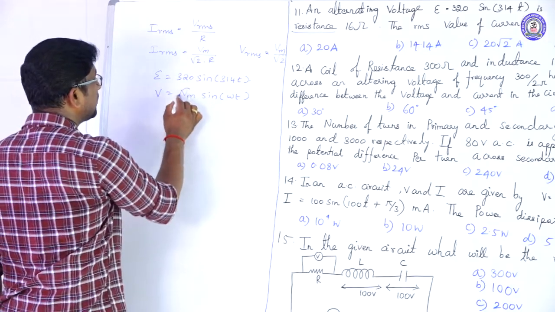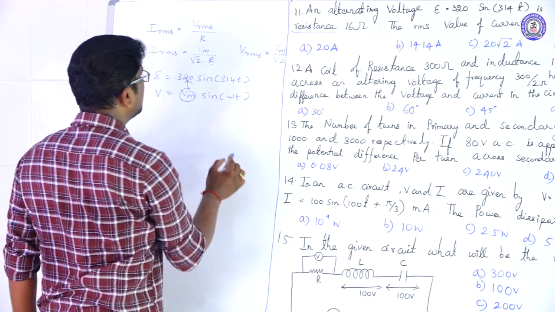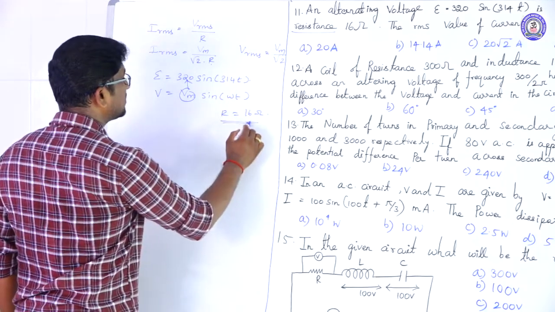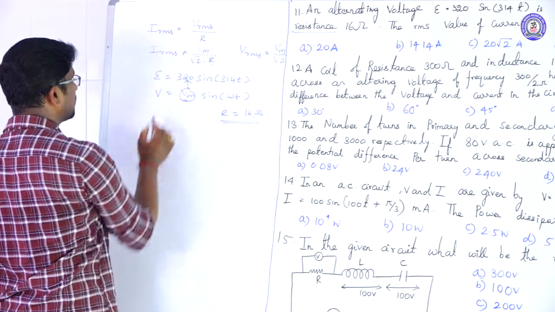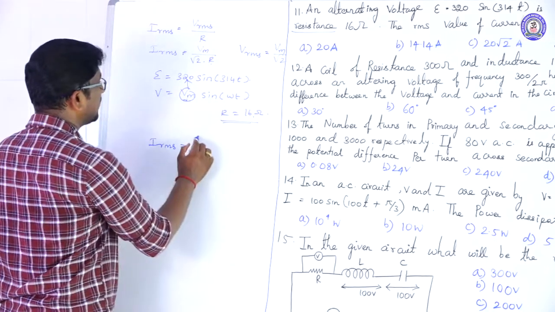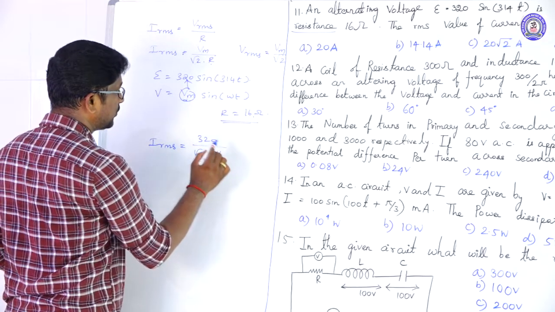Comparing these two equations, Vm value is 320 and R value is given, that is 16 ohm. So substitute the resistance value 16 and the peak voltage 320 in this equation. Therefore, RMS current in the resistive circuit is Vm value 320 divided by root 2 into R value 16.